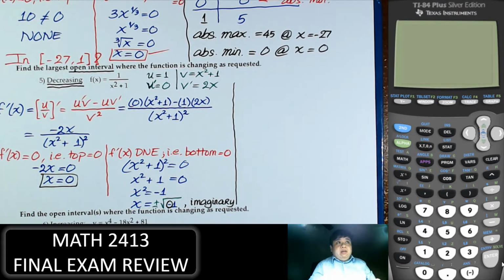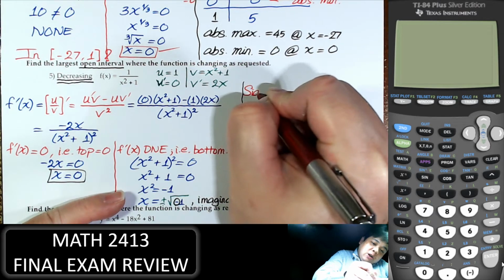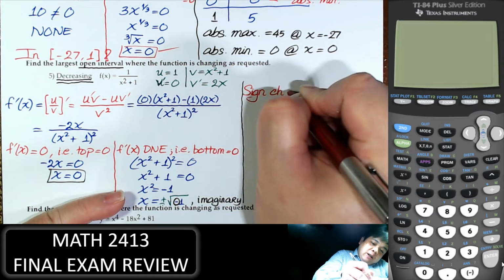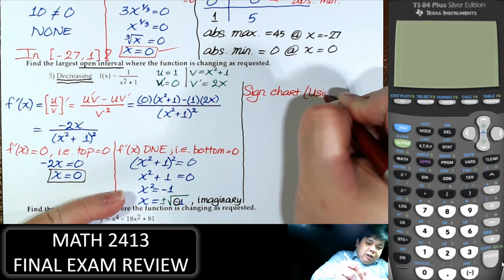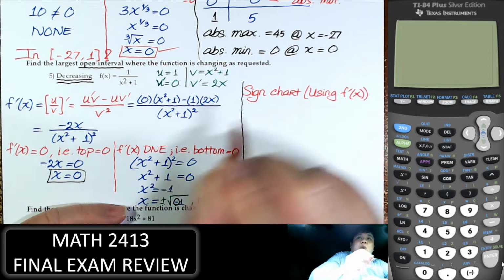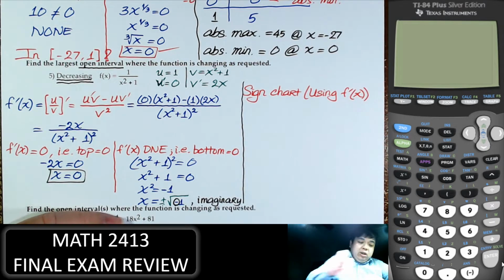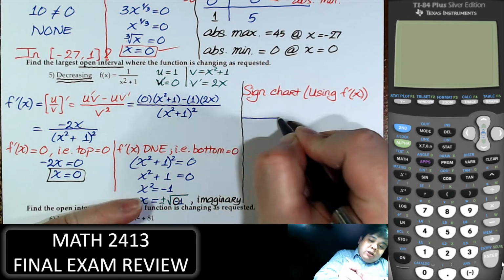We're going to put everything in the sign chart. And the sign chart uses the derivative, because we need the sign of the derivative. Where the derivative is positive, it is increasing. Where the derivative is negative, it is decreasing. So we'll make a sign chart.